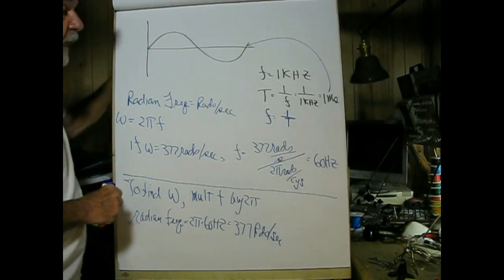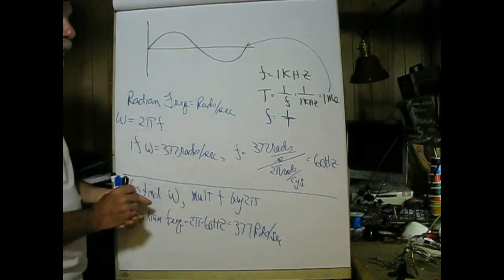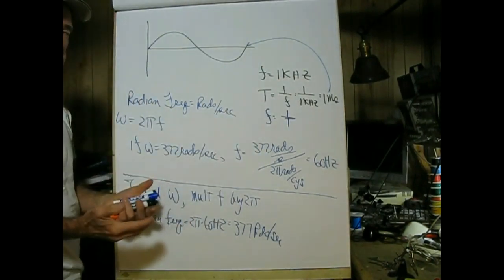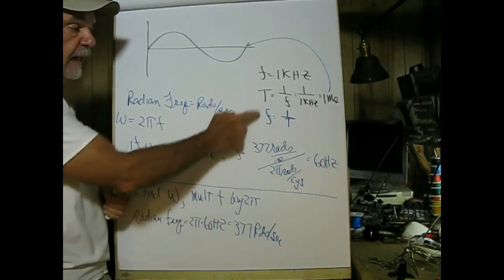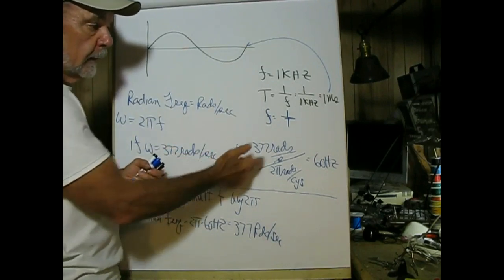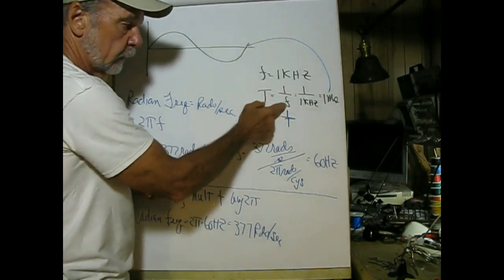So starting with our sine wave again, we're going to let the frequency in this case be equal to 1 kilohertz, and what's very important is to know the period. Now, the period is capital T as opposed to time, which is lowercase t, and is simply equal to the reciprocal of the frequency.